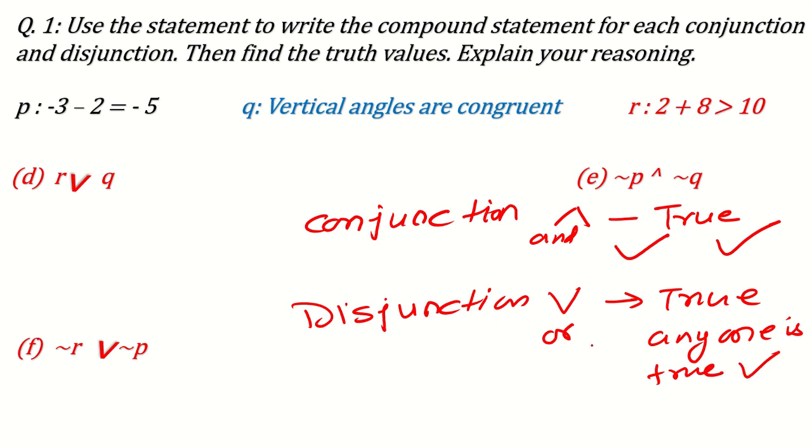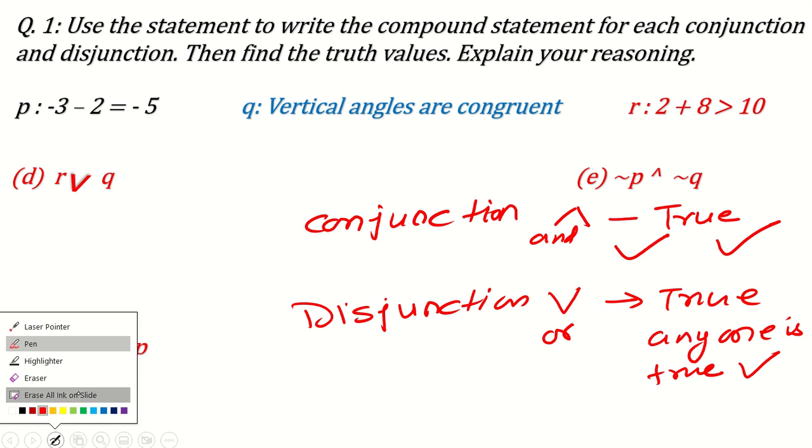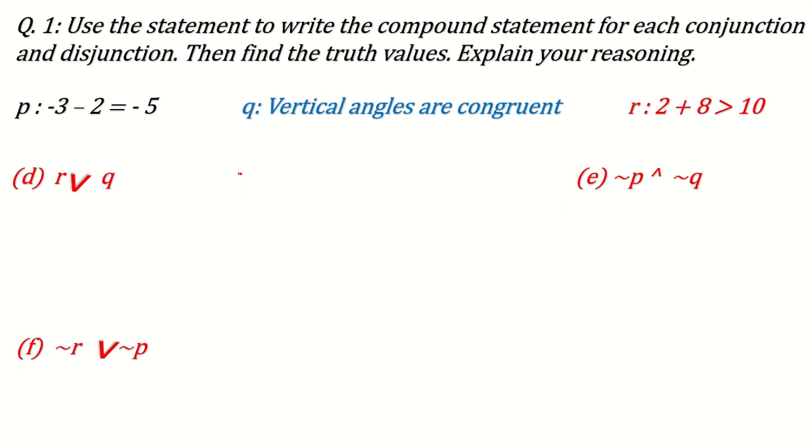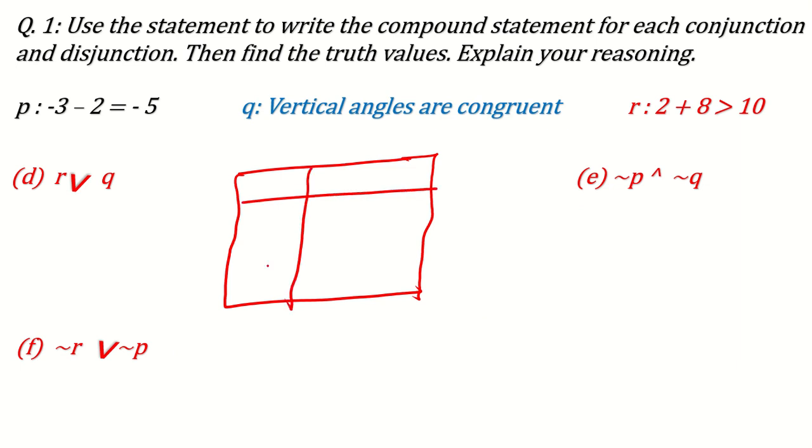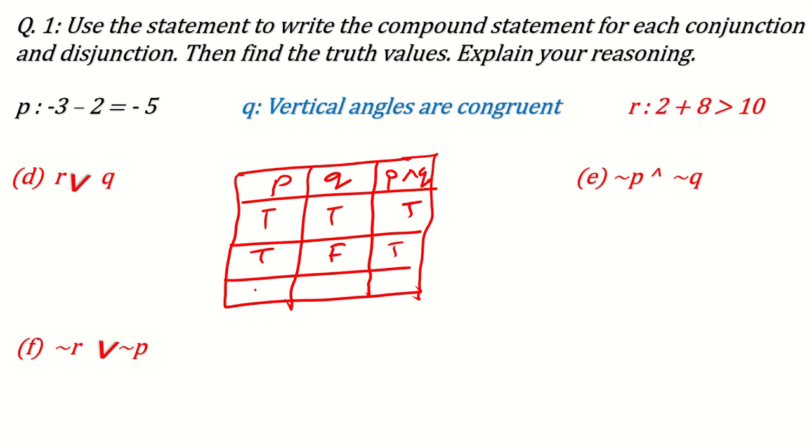Then see, if you want, I can make the table also. It's very easy for you also. I'm sure you have made this already in your notebook. See, this is the truth table for the conjunction. This is P, this is Q, and this is P and Q. Okay, so if both are true, then the resulting statement will be true. If one is true, another is false, then it is false.